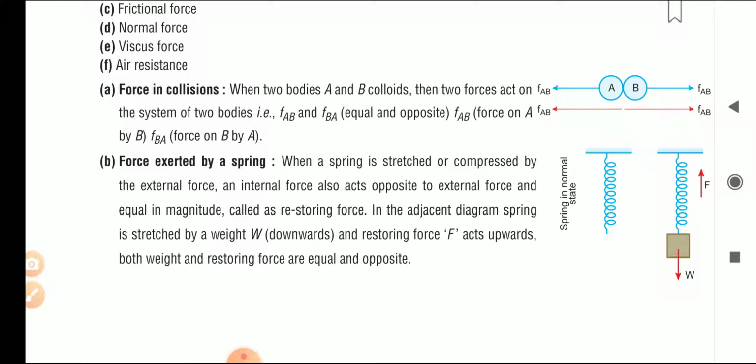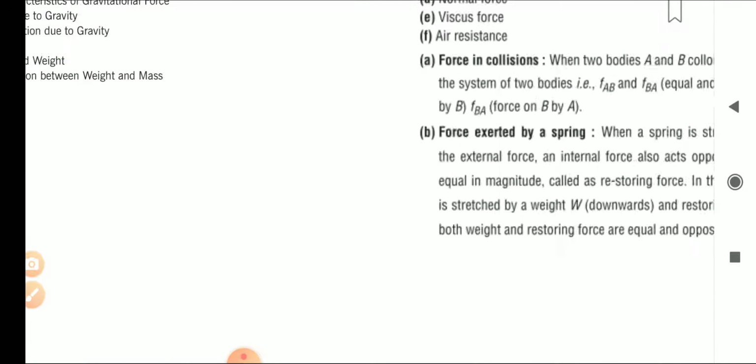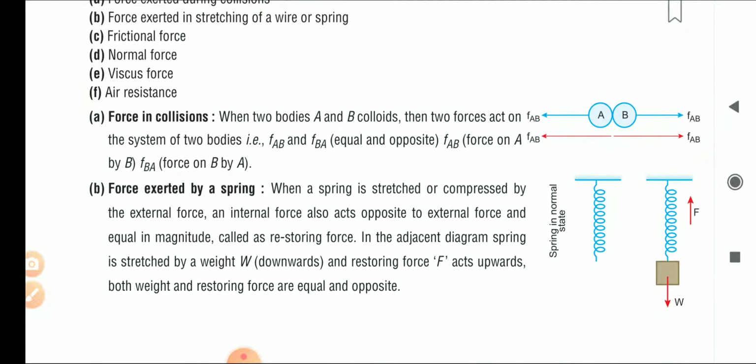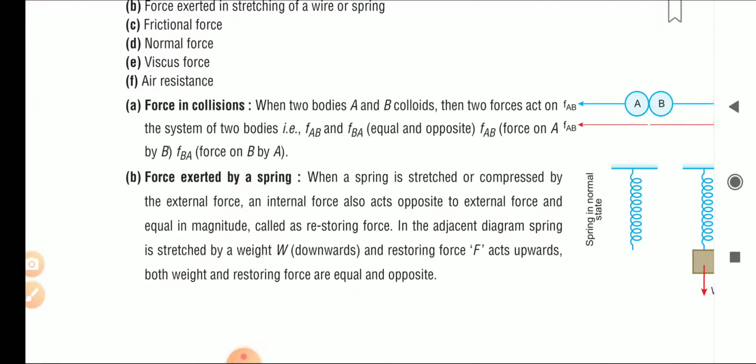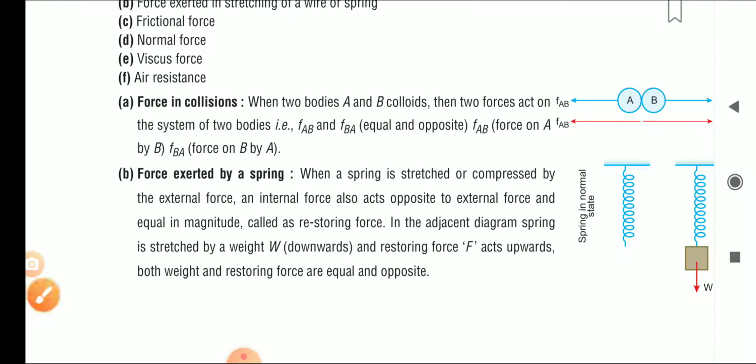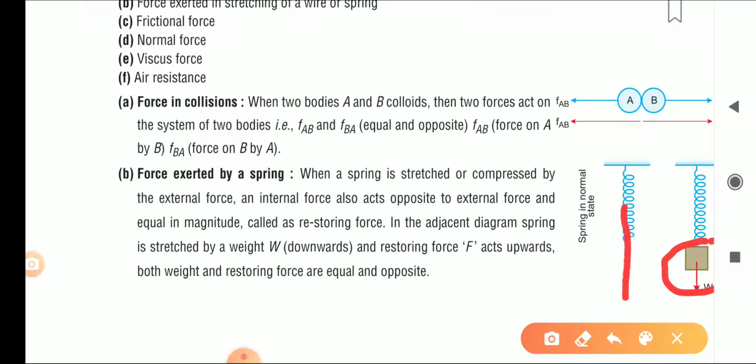Here, the deforming force, which is changing the shape of the object, that is W, is acting downside. In this diagram you can see W is acting downside, and due to this W acting downside, a restoring force is acting upside.